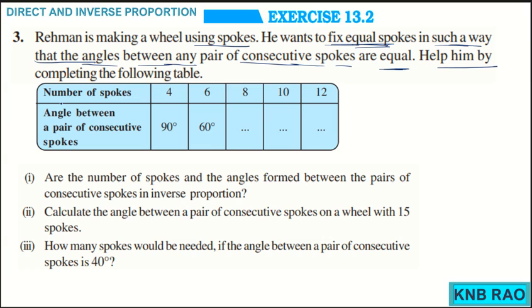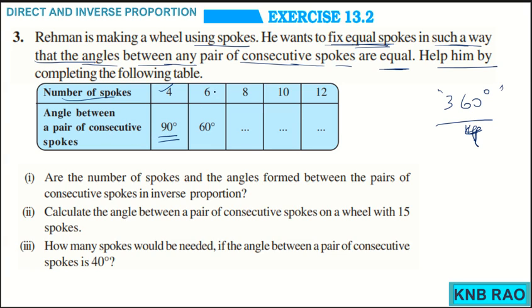If he takes 4 spokes, the angle between a pair of consecutive spokes is 90 degrees. Why? Because in a wheel 360 degrees will be there, and that is to be shared by 4 spokes. That means 90 degrees will be the angle between a pair of consecutive spokes.